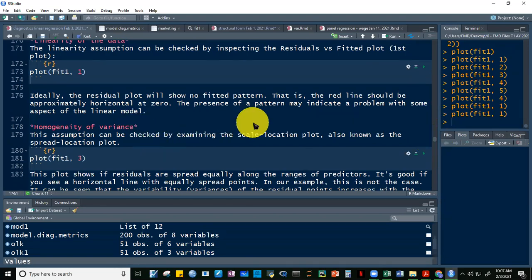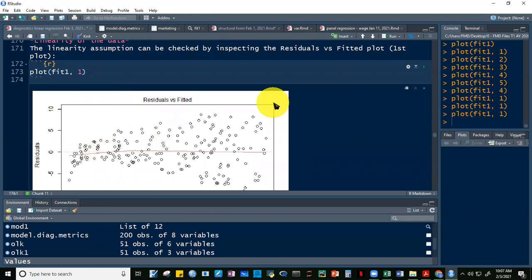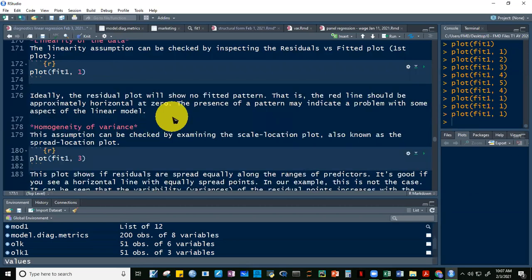Sabi natin, ideally, the residual plot should show no fitted pattern. So dapat random lang siya, guys. Dapat walang trend na parang umaakyat siya. Okay, dun sa plot natin kanina parang umaakyat siya, no? Let me repeat that. Ayan, parang may fanning out. Okay, you call that fanning out of your residuals.